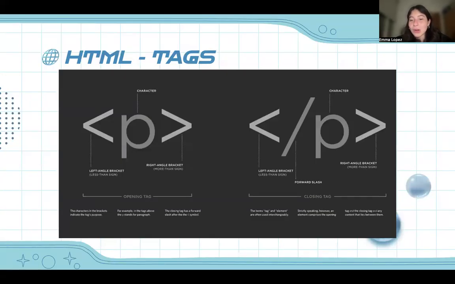Whenever we're initializing a paragraph within our HTML file, we need to make sure that we have our opening tag as well as our closing tag so that the computer knows when to start the paragraph and where to end it. There's a similar pattern with other tags as well, since there are so many tags that exist in HTML. So we need to make sure that we have our opening and our closing.